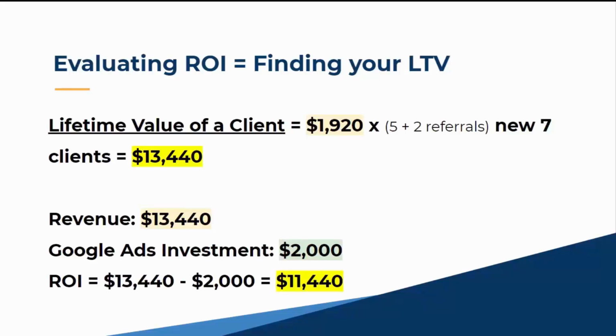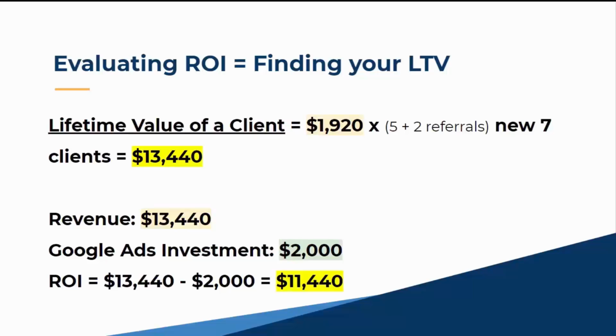Okay, so we have to put 1,920 times 7, which is 5 plus the 2 referrals, right, equals 13,440. And if you're a business, that math might be different because you may get 1 referral out of 10 clients. So you just adapt that to your calculation.